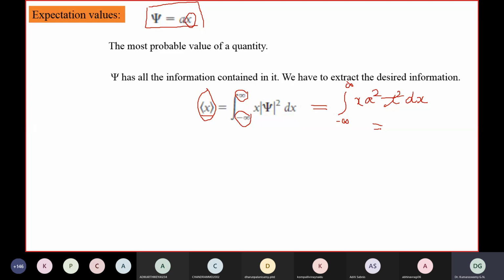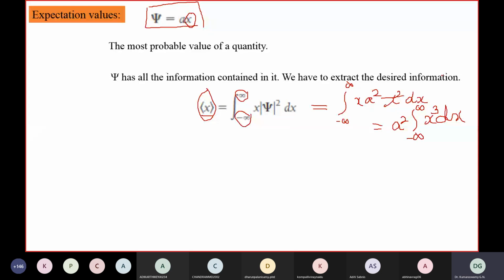A square is a constant. Minus infinity to plus infinity x cube dx. This is what you get for position. This is the expectation value of position. That means you multiply psi square with x and integrate it, you get the expectation value of the position.